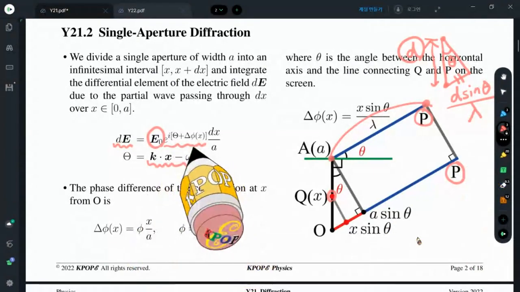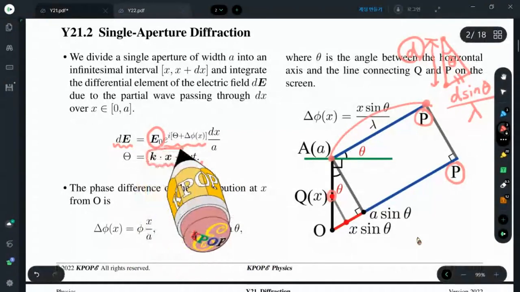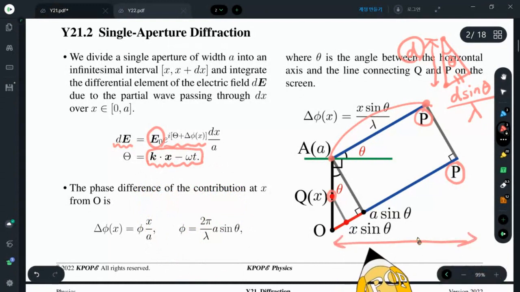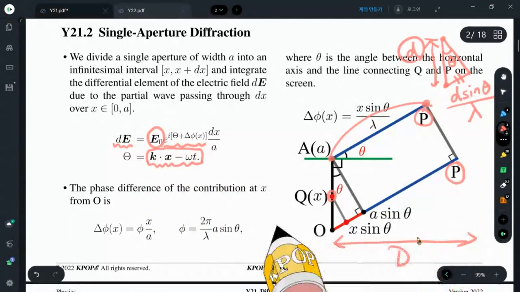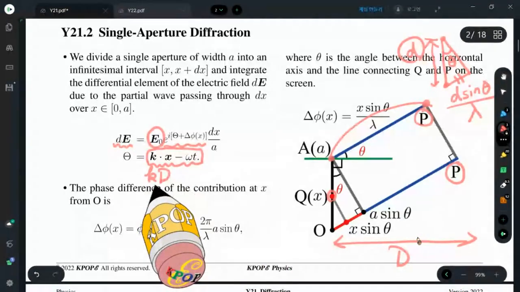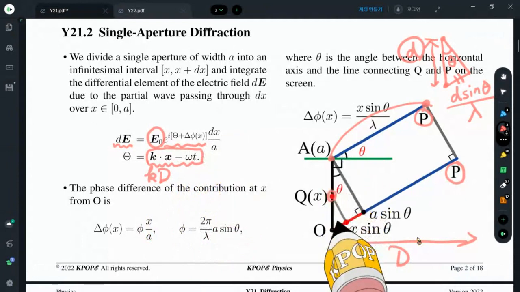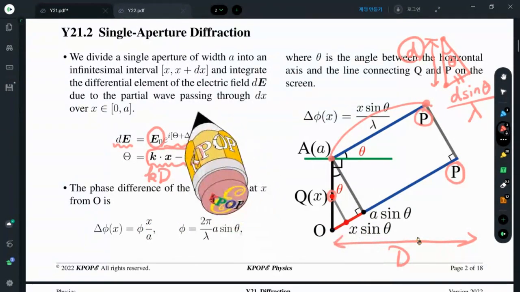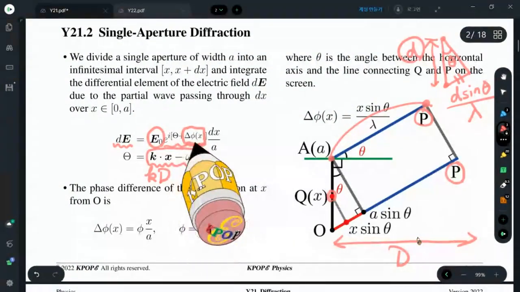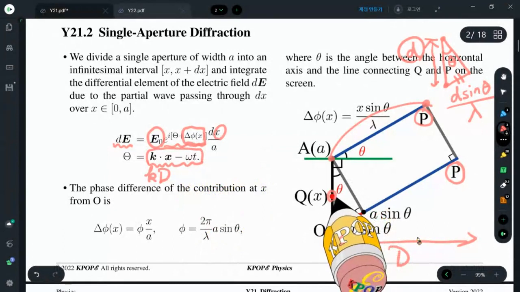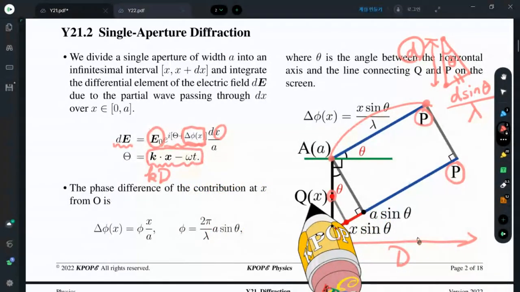So what we have to do is, because this k dot x minus omega t actually depends on the distance d, and that is fixed, so kd, something like that, and omega t is common to any point. So that will be averaged out at the end of the calculation. Our main concern is the dependence of the phase on the position of a partial aperture at point Q.